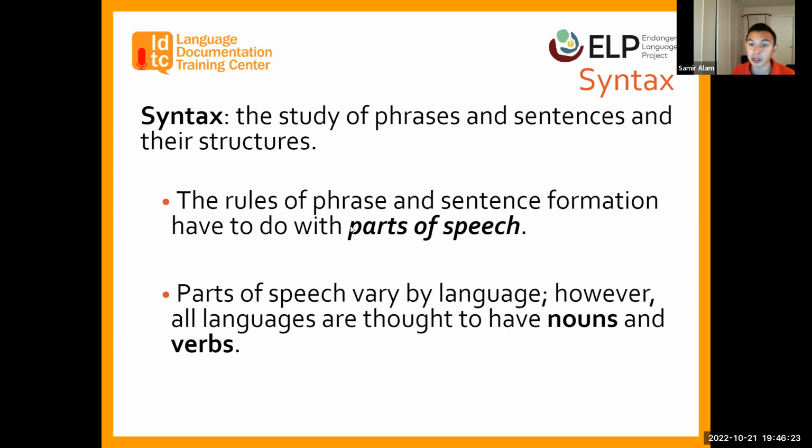Because when we learn a language or when we know a language, we don't only know how to combine individual words. Let's say I know a couple words of English, and I say, the cat eats fish, right? As I learn the language, I'm not going to be learning how to combine the and cat and the and fish. I'm going to be learning how to combine types of words or categories of words.